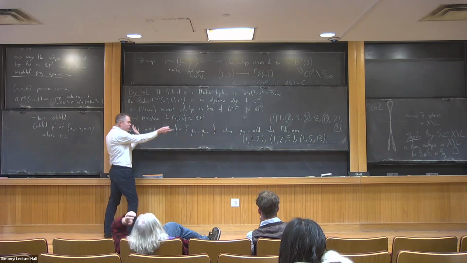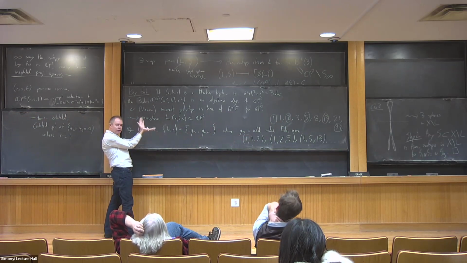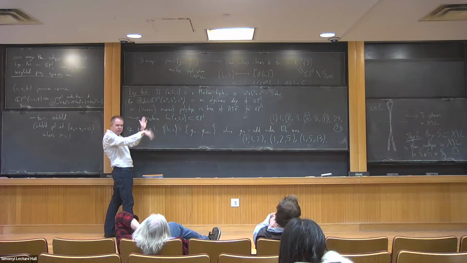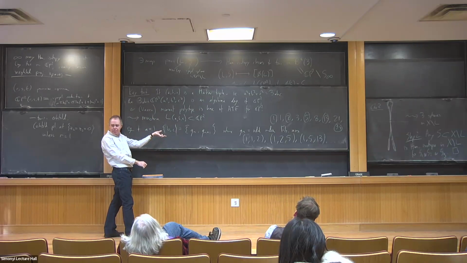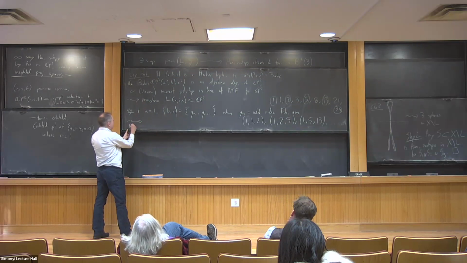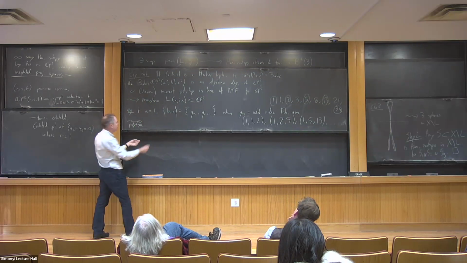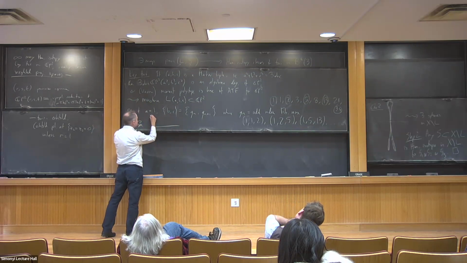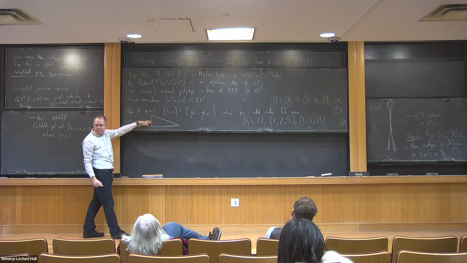On the other hand, if the parameter is 1, then you get one of these examples. When I draw the moment polytope, because it has a smooth corner, the moment polytope is going to have a right angle. I can assume that the moment polytope has a nice right-angled corner. If we put that at the origin, this is now the moment polytope for the weighted projective space, with a right-angled corner at the origin.